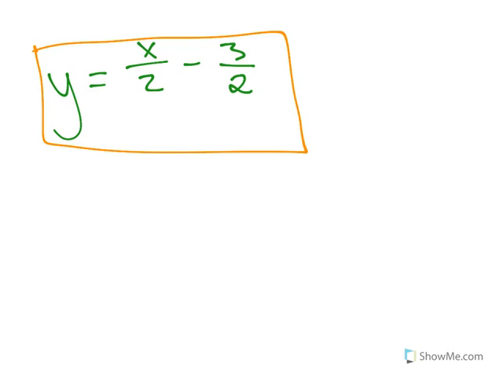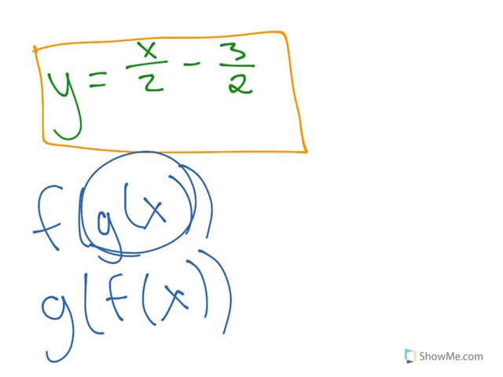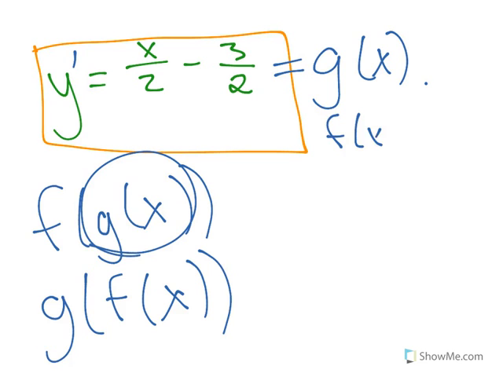Now, to make sure that this is right, let's try finding f of g of x and g of f of x, just to make sure that everything makes sense and that everything comes together. So g of x, let's call this y prime to know that this is g of x. So g of x is this function that we found, and we know that f of x is 2x plus 3.